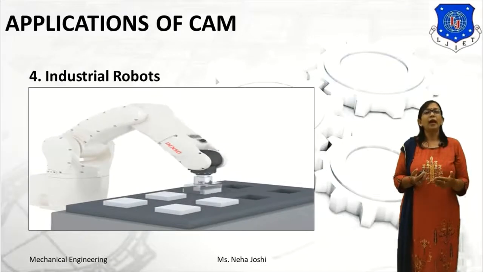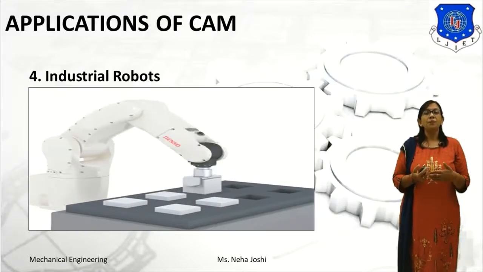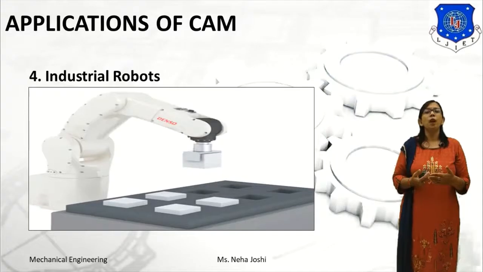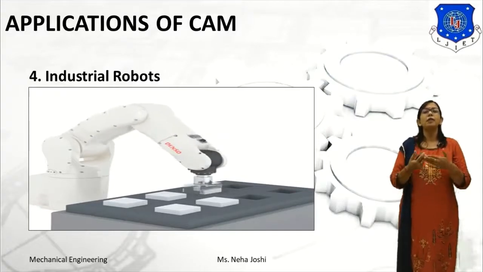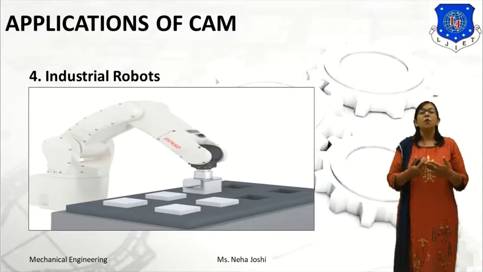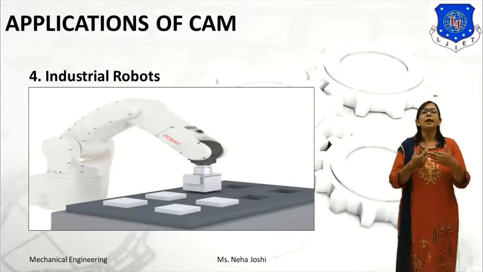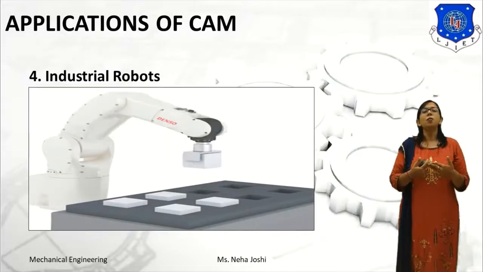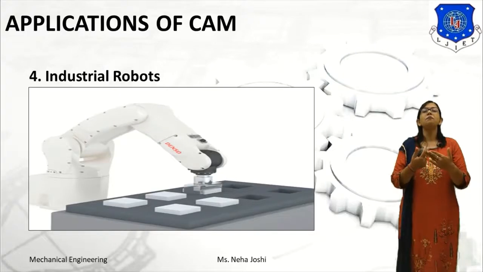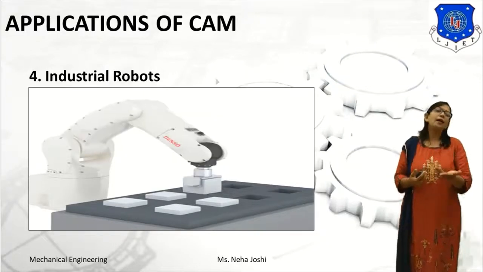Next application of CAM is in industrial robots, because robots can be programmed to perform dangerous, dirty or repetitive tasks with consistent precision and accuracy. Industrial robots are increasingly used in a variety of industries and applications.